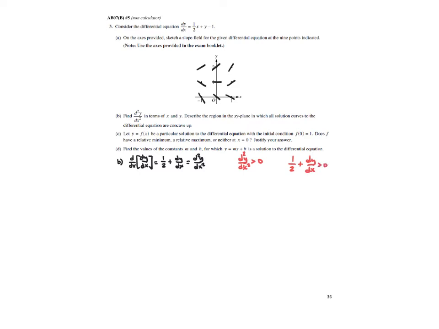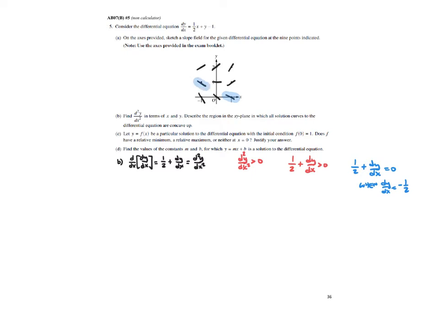Well, I would know that 1 half plus dy dx is equal to 0 when dy dx is equal to negative half. So let's highlight where dy dx is equal to negative half right here, and what would end up being, I believe, actually that right there.